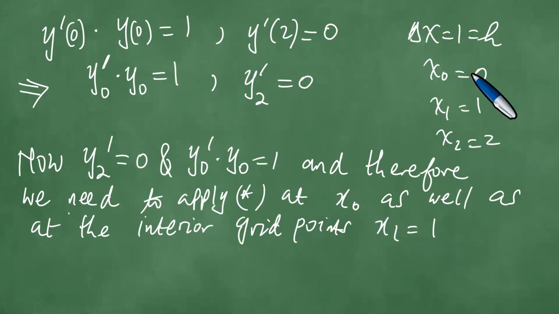Okay, because these are like exterior x0 and x2. This is like interior, looking at the interval 0 to 2, like this. Okay, we continue.